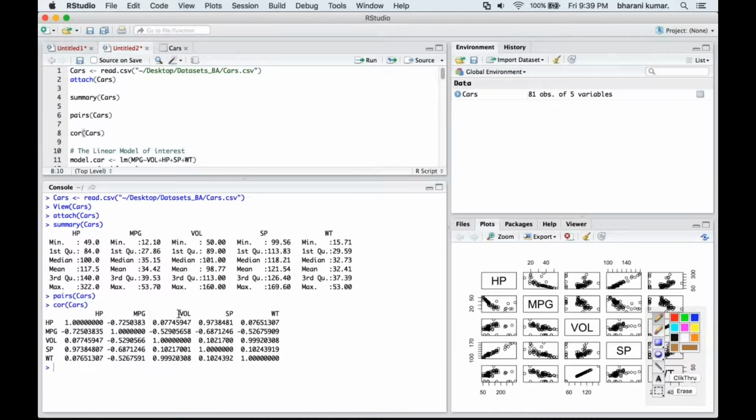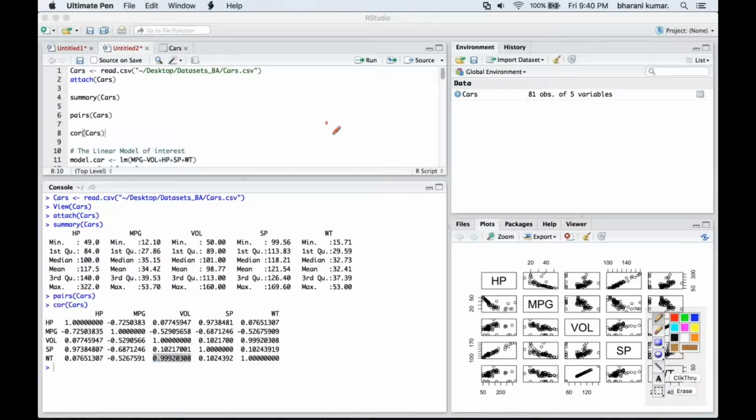If I look into volume and weight here, the correlation coefficient value is 0.99. What does that mean? There is an extremely strong correlation between these two inputs. And we know for a fact that there should not be very strong correlation between inputs. There can be a very good correlation between outputs and inputs, but not between inputs.